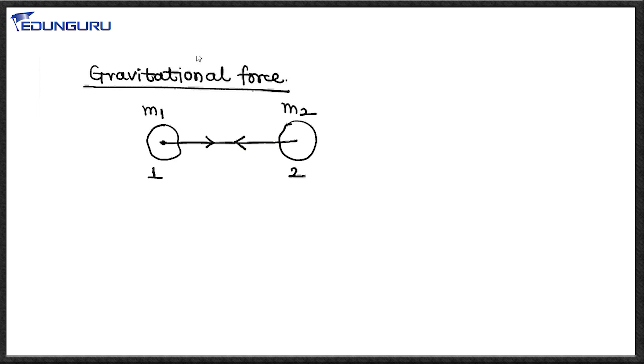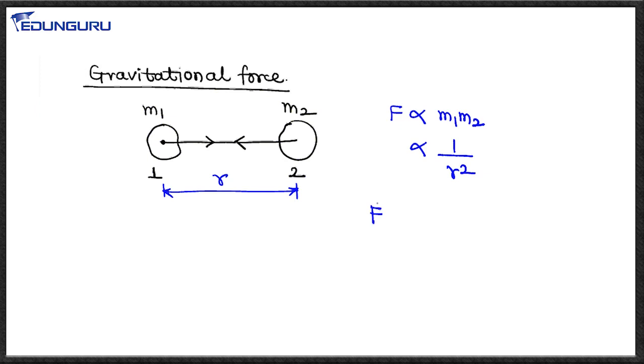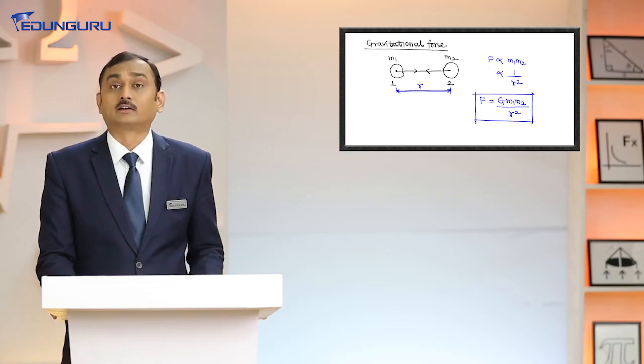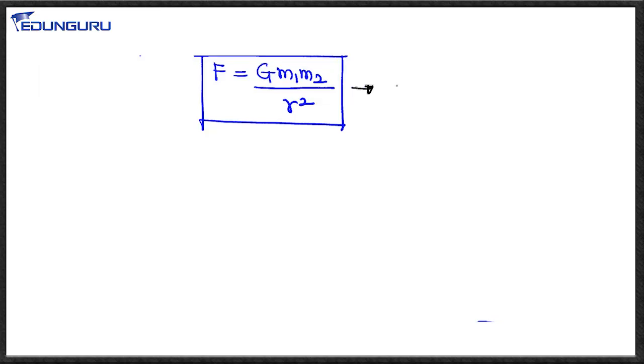If the distance between the centers of these two objects is r, then the product of the masses is inversely proportional to the square of the distance between them, and the magnitude of the force F is equal to G m1 m2 upon r square. And please remember, it's an attractive force only.